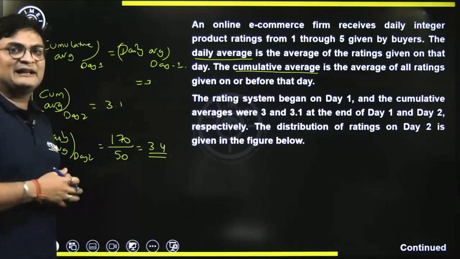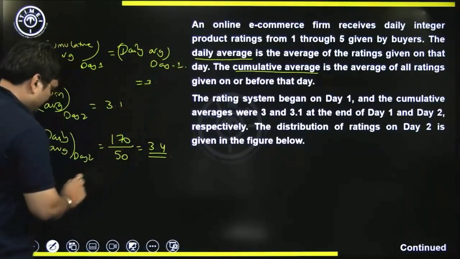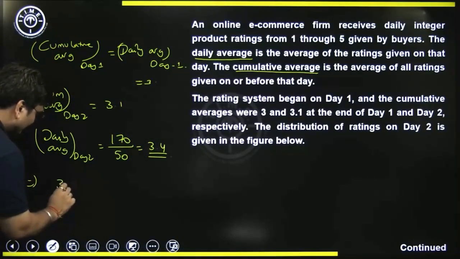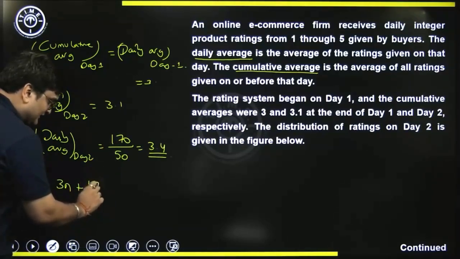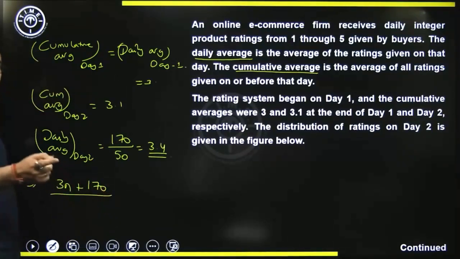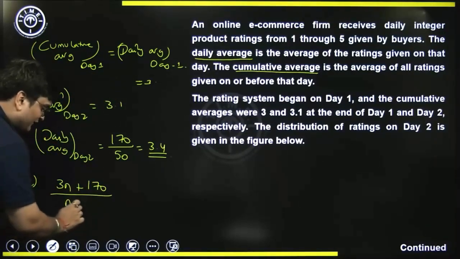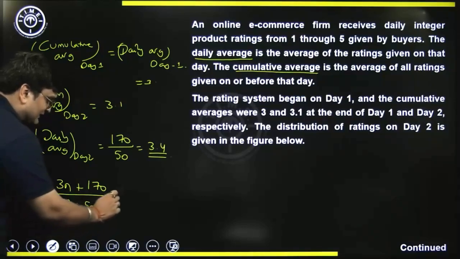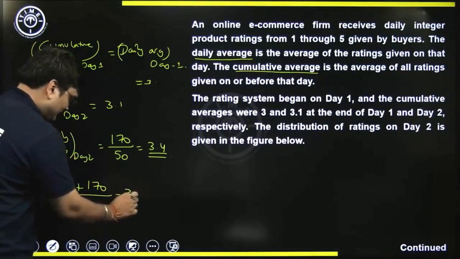Let us say that was some n. If that is n, can I say total rating on day 1 will be 3 into n, plus rating on day 2, total sum is 170, divided by total number of buyers on day 1 and day 2, which will be n on day 1, 50 on day 2, and this is equal to the cumulative rating for day 2, which is 3.1.